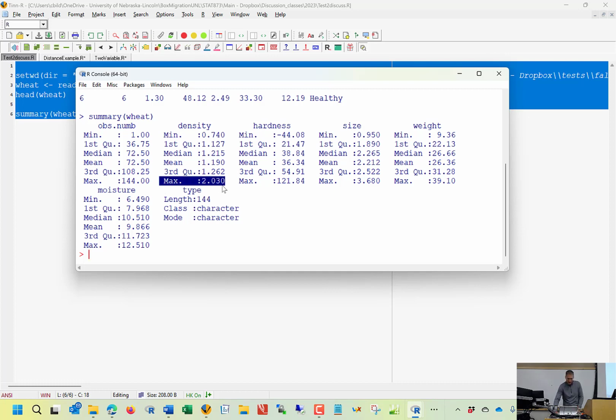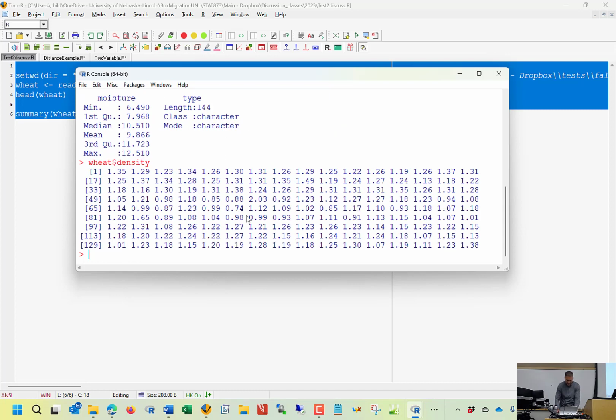Okay, so there's the 2.03 right there. So how would I then find that particular observation number? Well, how about we just simply look at all the density values. We find 2.03. And it's right here. And that corresponds to, if you count, number 55. So that will be one way, probably the easiest way, to find what corresponding observation number that is.